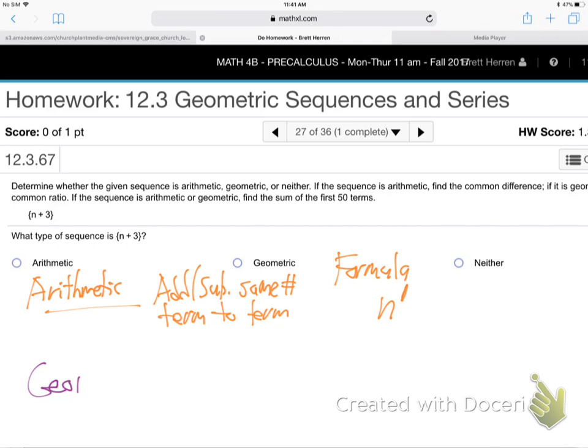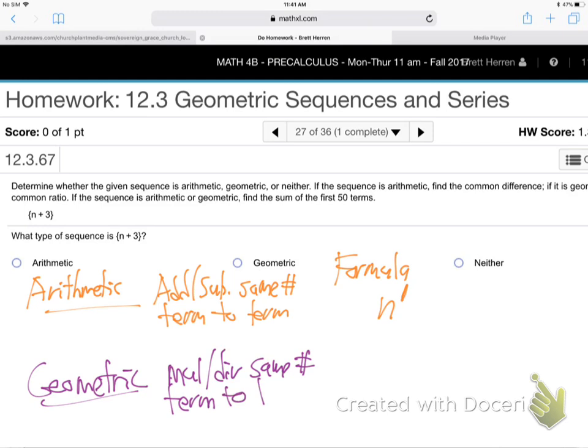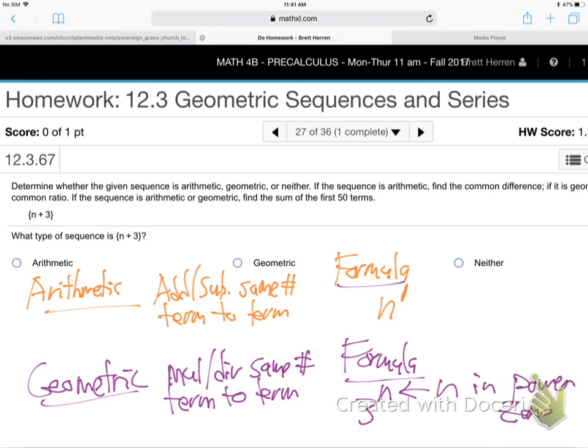For geometric, you multiply or divide the same number term to term. We're kind of putting the two sections together here at the end. And the formula for geometric has n in the power zone. So the formulas for geometric have n in the power zone. Formulas for arithmetic just have n on the base with first power.